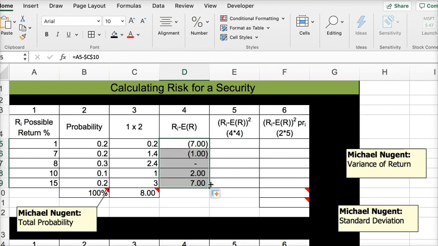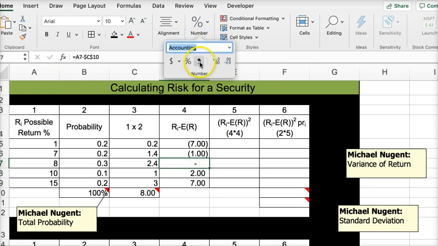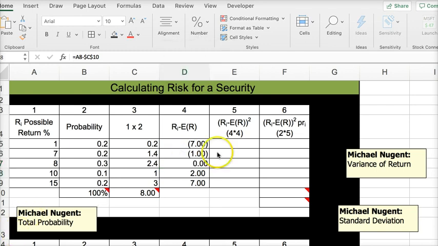Okay, so then the next column here, what is that? 0. I didn't like that dash, I changed it to 0. So in column 5, we should just take 4 times 4, basically. We're going to square the number, which is good because it takes away the negatives in the formula.